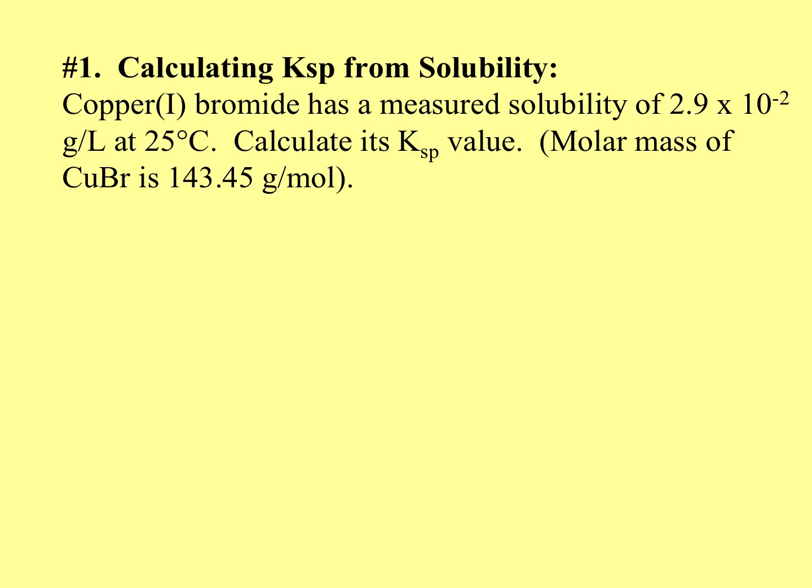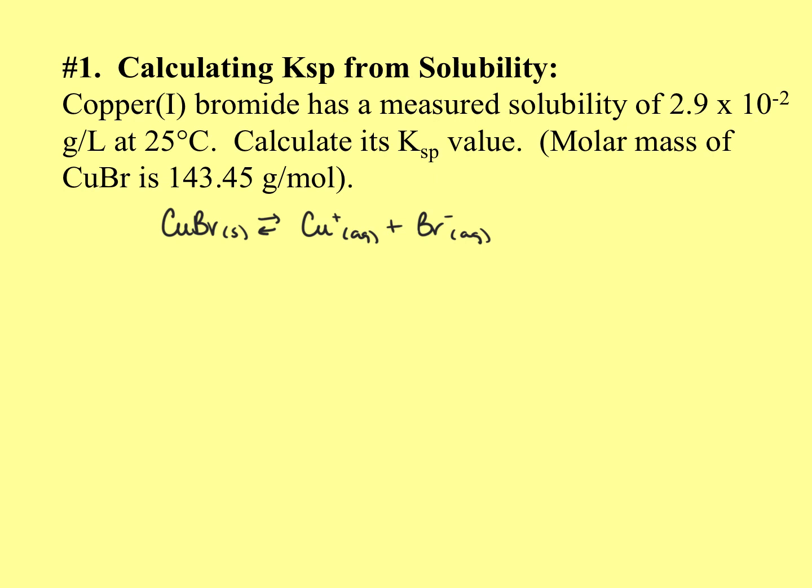Okay, so picture this. You have a solution of copper 1 bromide, so that would be CuBr solid, and it undergoes dissolution when you put it in water to become the Cu positive ion and the bromide ion.